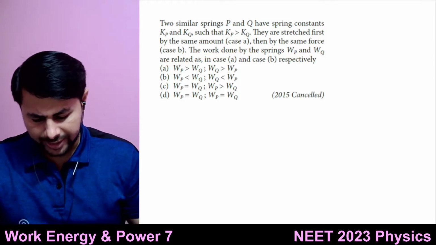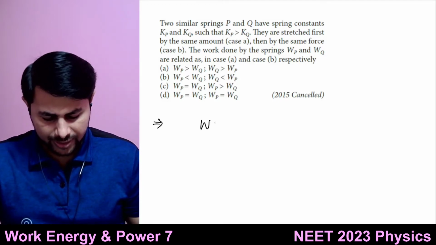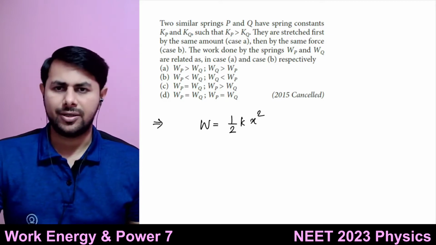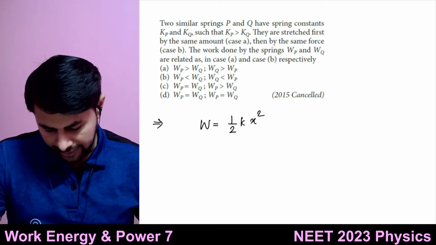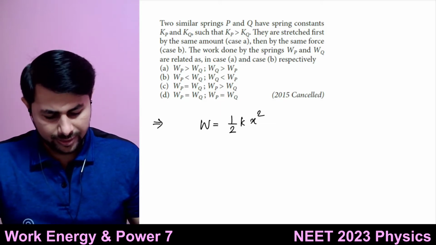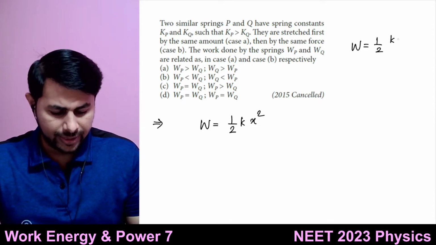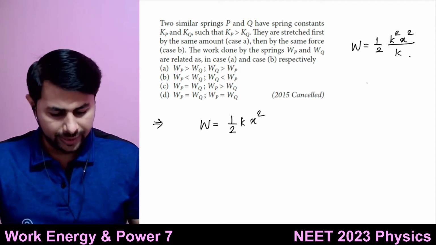So when they are stretched by the same amount, work done is equal to half of k multiplied by x square. And when they are stretched by the same force, we have just found that work done we can write as half of k square x square upon k, right?